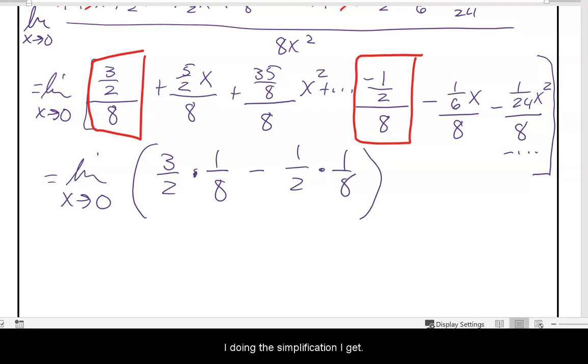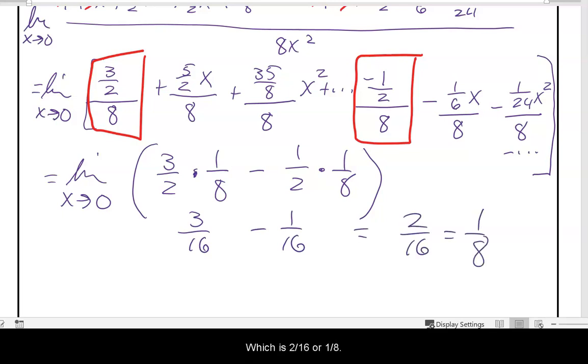By doing the simplification, I get 3/16 minus 1/16, which is 2/16 or 1/8. Since the limit of a constant is a constant, the answer to this limit is 1/8.